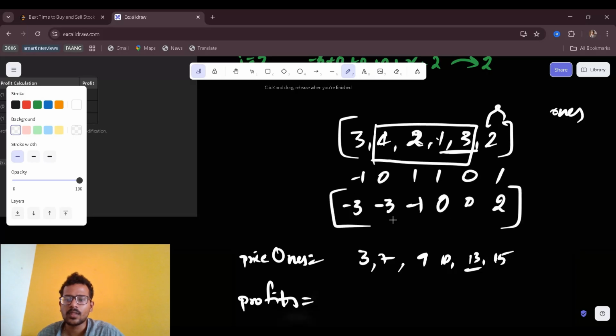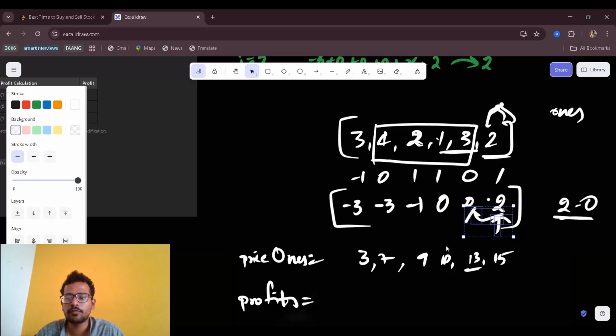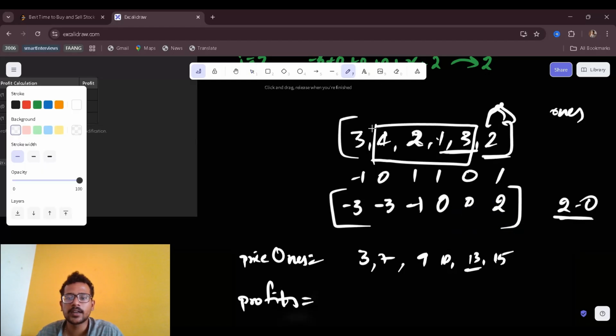Now I need the profit starting from here. So what I'll do, starting from here is 2 minus this one 0. 2 minus 0, right? Now I need the profit that I get from before this, that means till there.